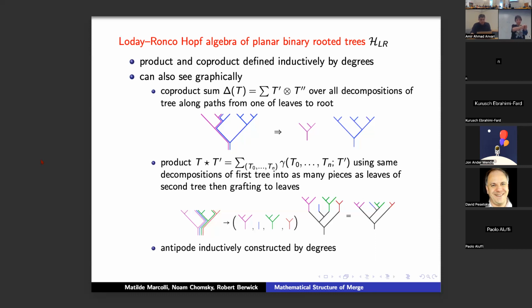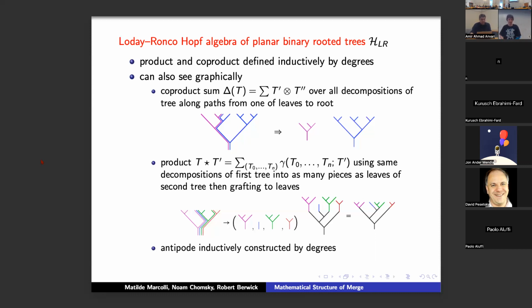I have to pull apart my tree along paths from the root to the leaf. And that works. But if I want a compatible product now, I have to also take a tree, break it apart as I do for the coproduct along paths from the root to the leaf, and then graft each of these things on the leaves of the other tree.